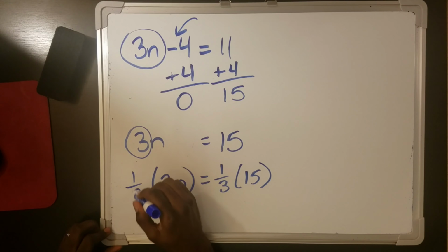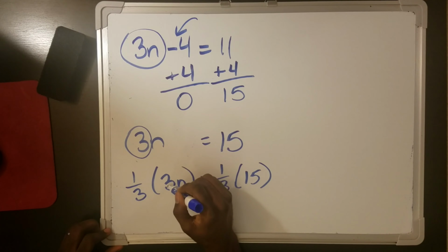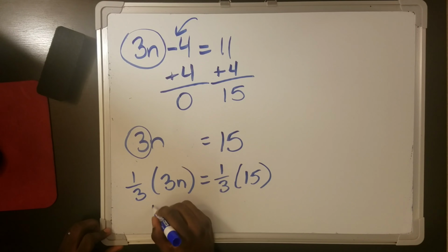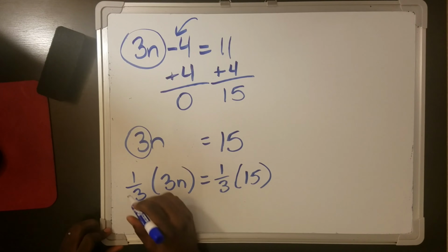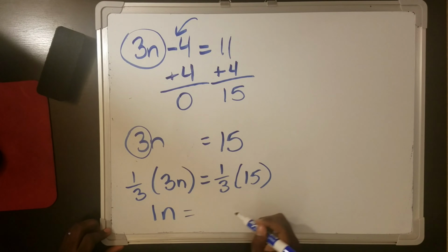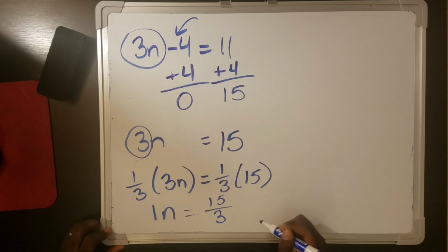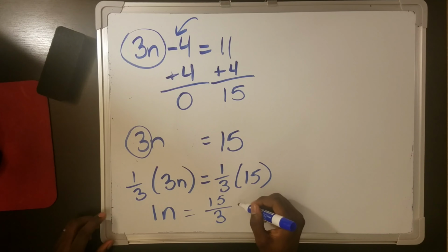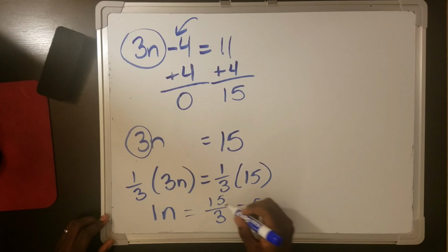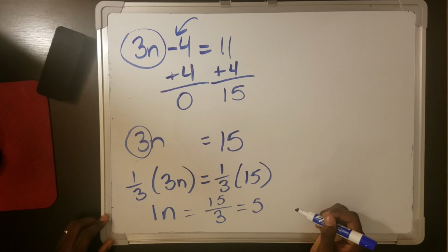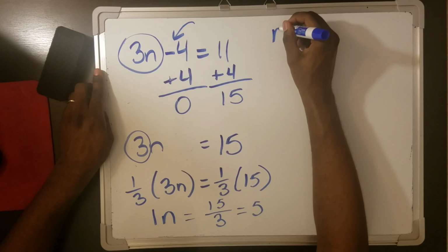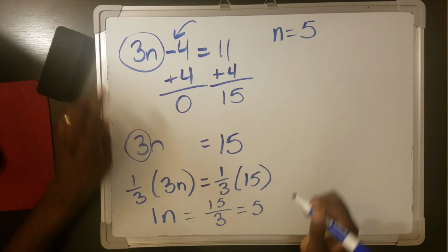So if 1/3 is the reciprocal of 3, that means that when you multiply them together, you get 1. So 1n equals 15 over 3. And what's 15 over 3? 5. 15 divided by 3 is 5. So our answer is n equals 5.